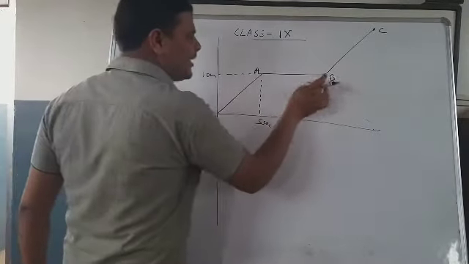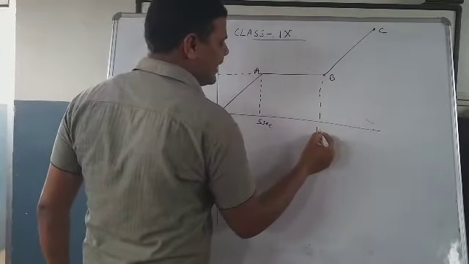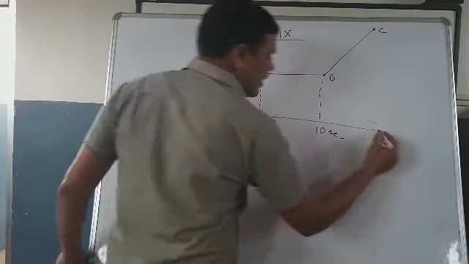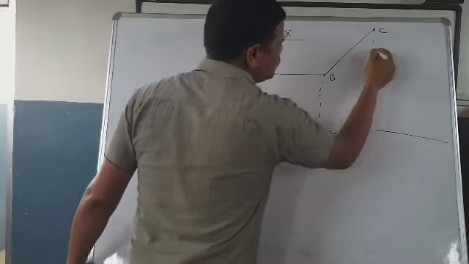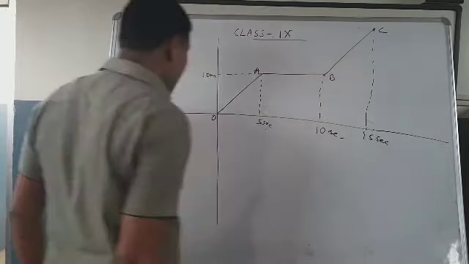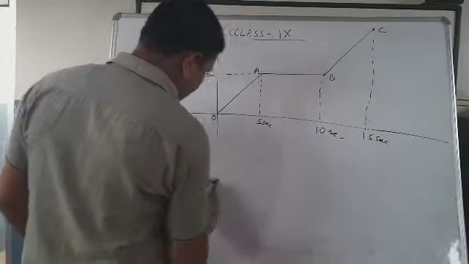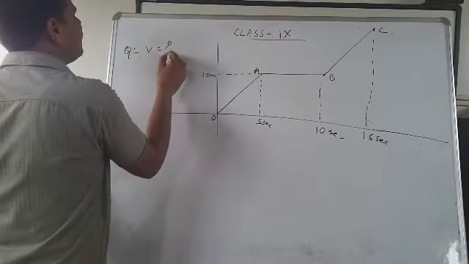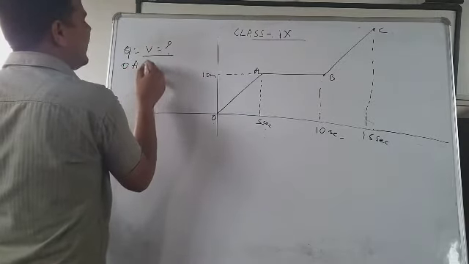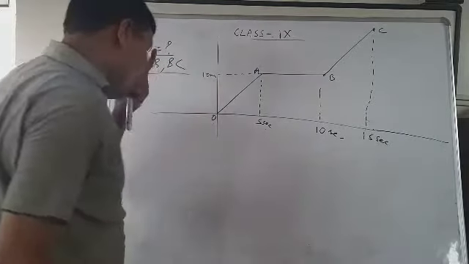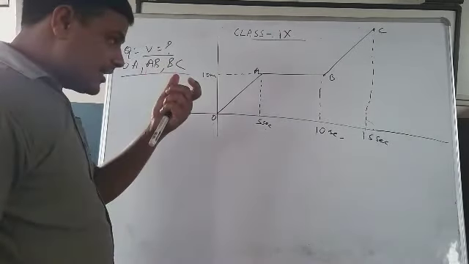While going from A to B, it took 10 seconds, and the distance is again 10 meters. While going from A to C, it took 15 seconds. Now, what is the question asking? The question is asking you to calculate the V in O to A, A to B, and B to C. In all three cases, you have to calculate the V.